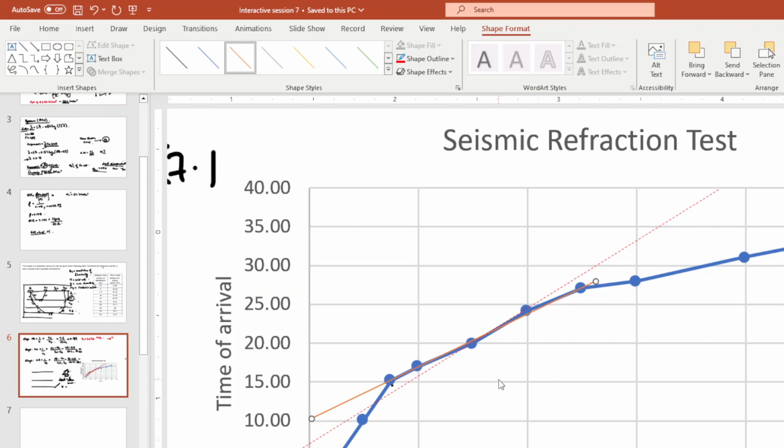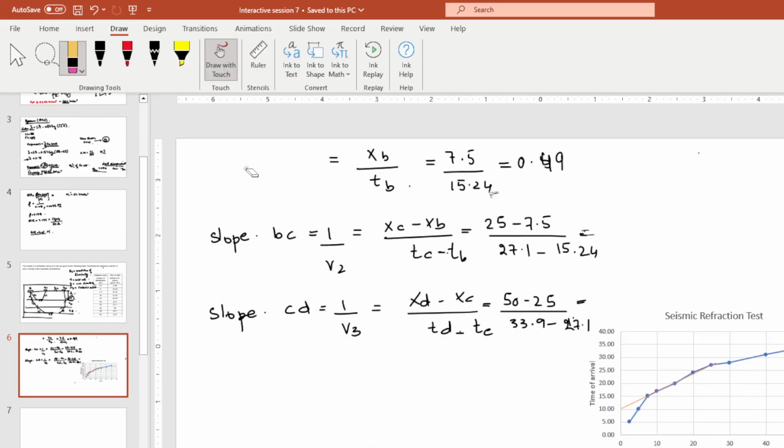It will be V1 equals 1 over slope of AB. So I had written it the opposite way.